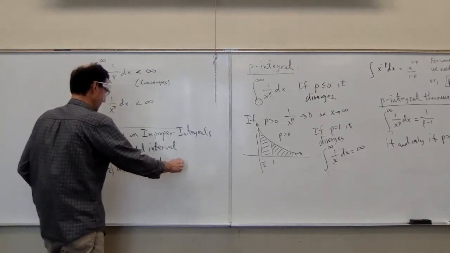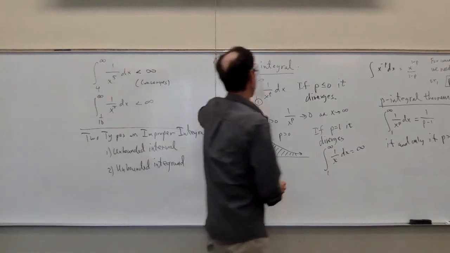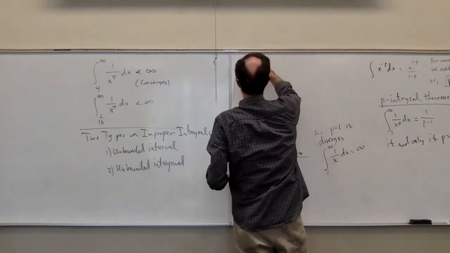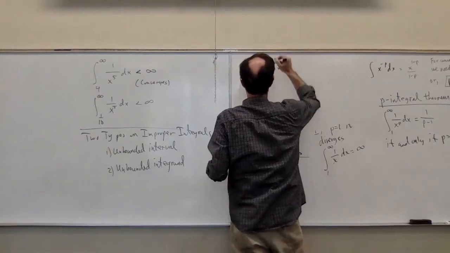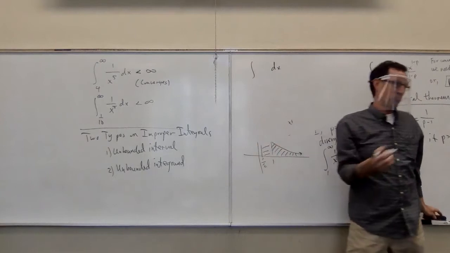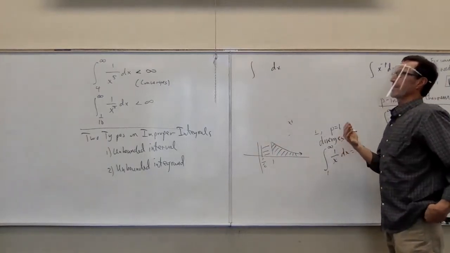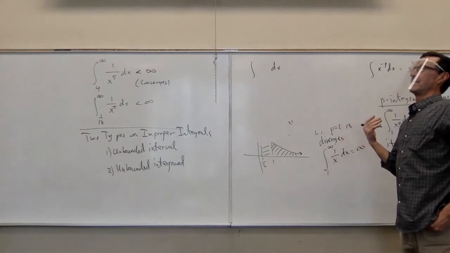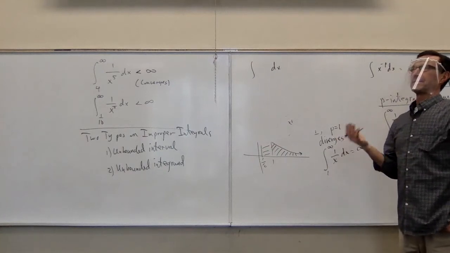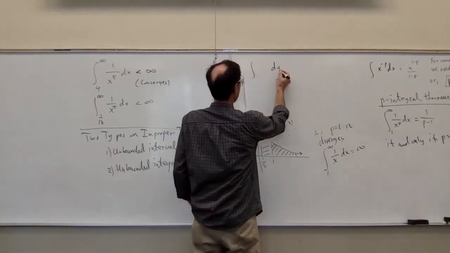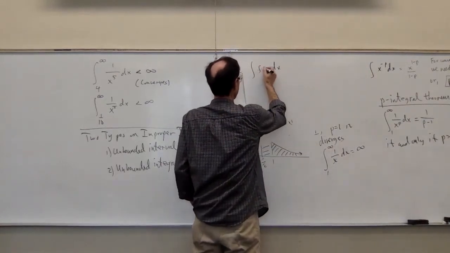I don't know if I've used that word before. Let me tell you what it means. On all of our integrals, whether definite or indefinite, we have this integral sign, matches the dx, and in between it, there's a function, right?